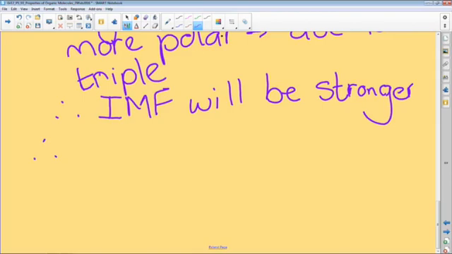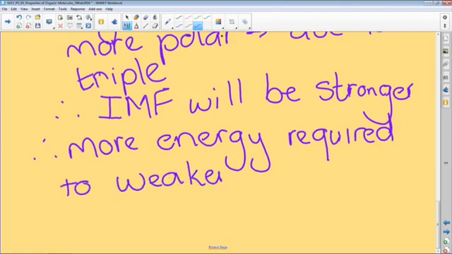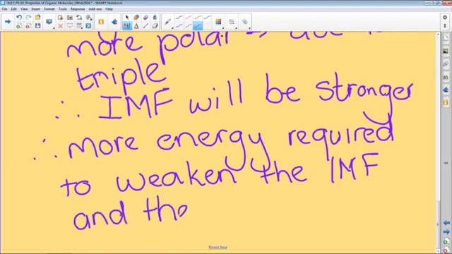Therefore, more energy is required to weaken the intermolecular forces. I know it feels like we're writing it over and over again, but we want to make sure the examiner knows we're talking about the intermolecular forces and not the bonds. Therefore, more energy is required to weaken the intermolecular forces, and the boiling point is higher.